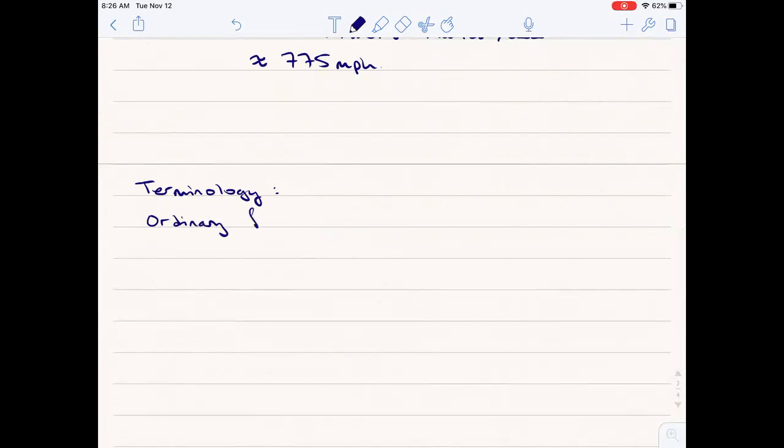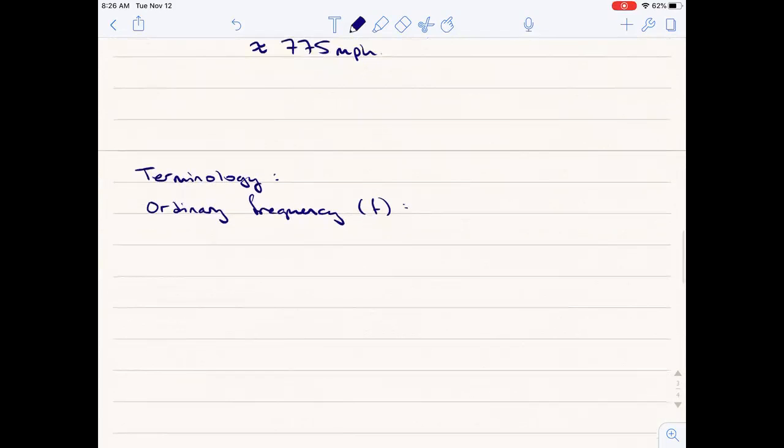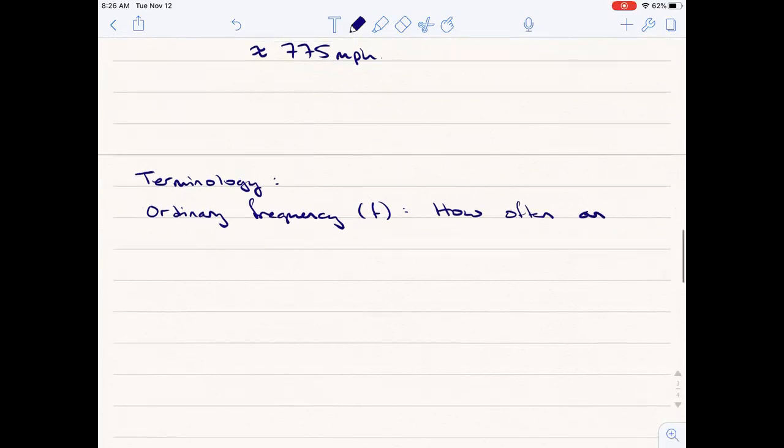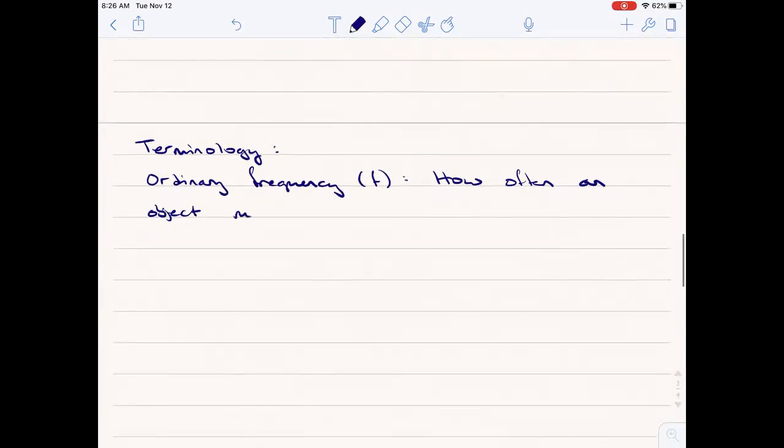Ordinary frequency is denoted by a lowercase f, and is how often an object makes a complete cycle of motion, so once per 24 hours, for example.